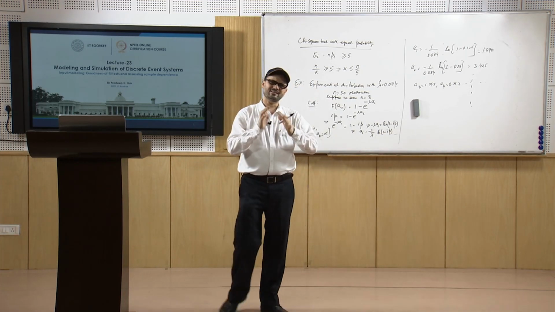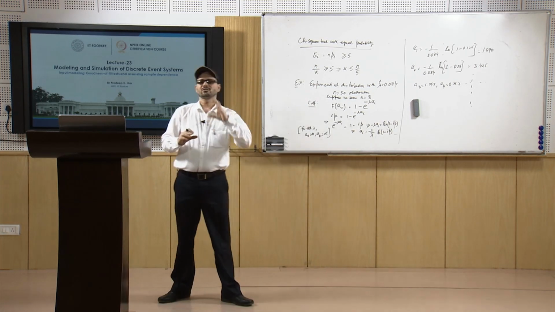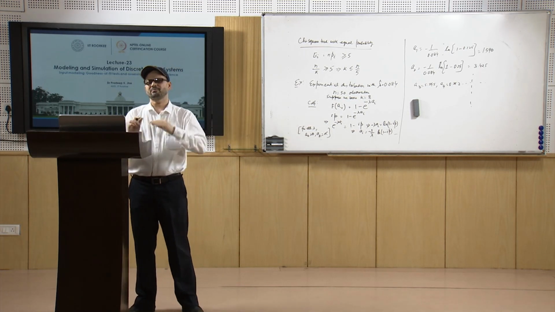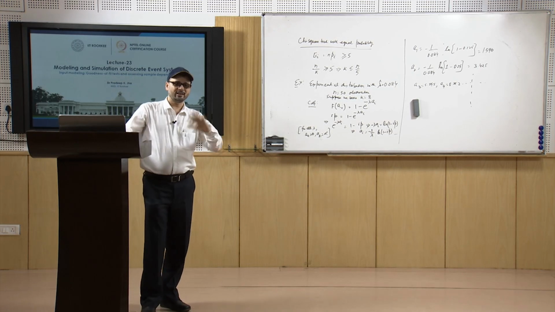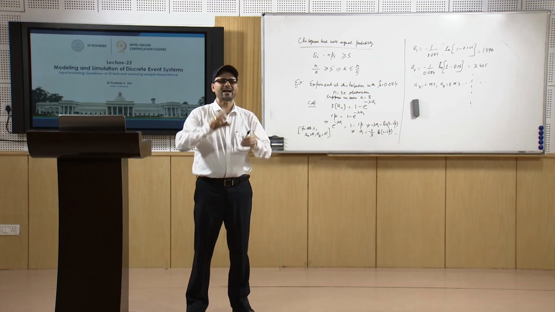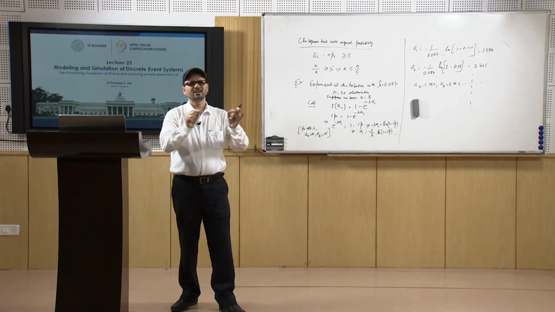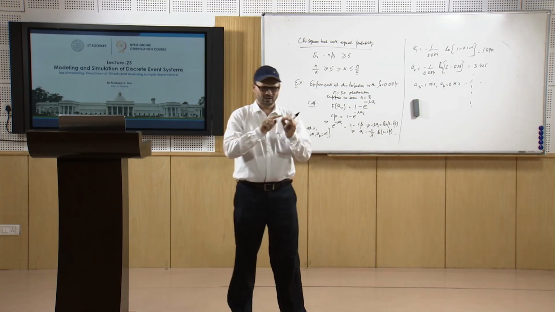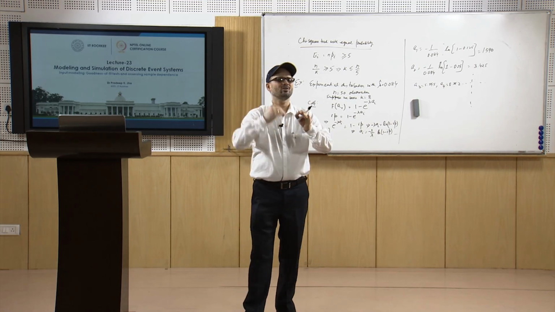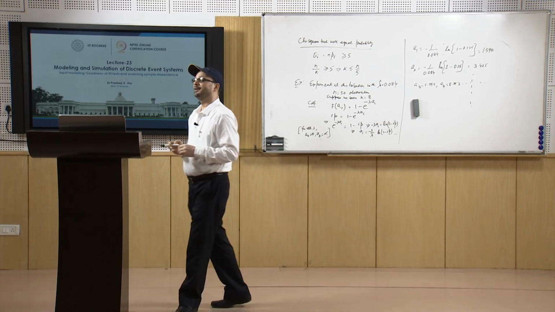This correlation is computed and then plotted. It should be near 0. If this value is near 0, they are said to be independent, and if it is close to plus 1 or minus 1, then they are not independent.